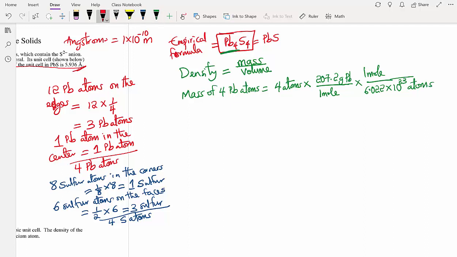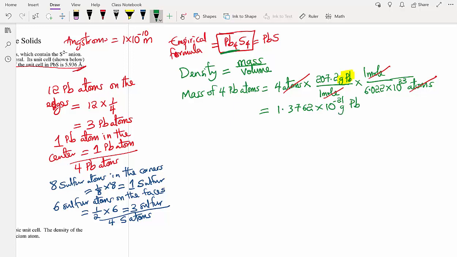And if you cross out the atoms and you cross out the moles, what you have remaining is the grams of lead. That will give us the mass of 4 atoms of lead. If you plug this into your calculators, you should get 1.3762 times 10 to the negative 21 grams of lead.